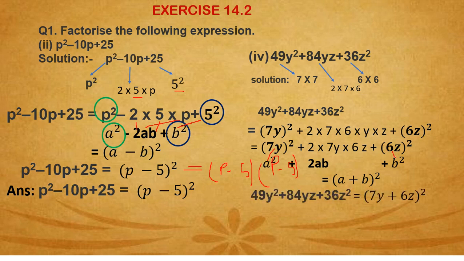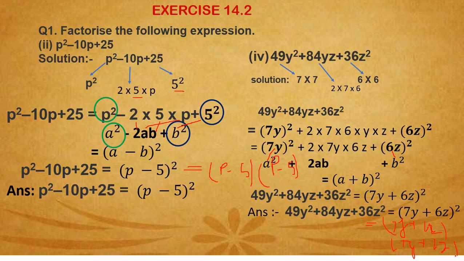So here we get 7y plus 6z whole square, or further when we write the factorization, always remember this should be written as 7y plus 6z in the first bracket, and in another bracket it is also 7y plus 6z.